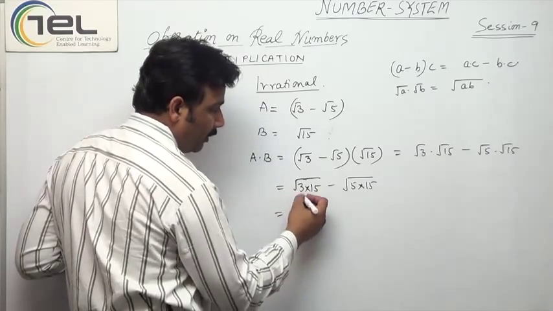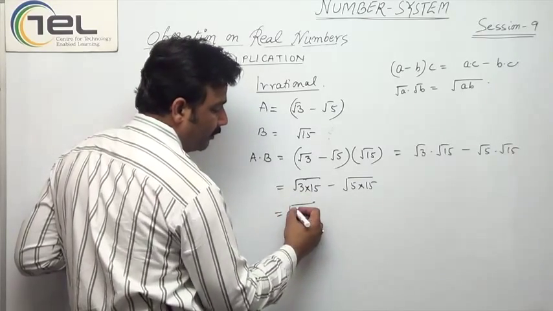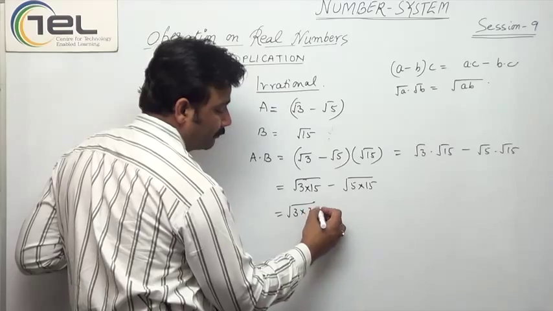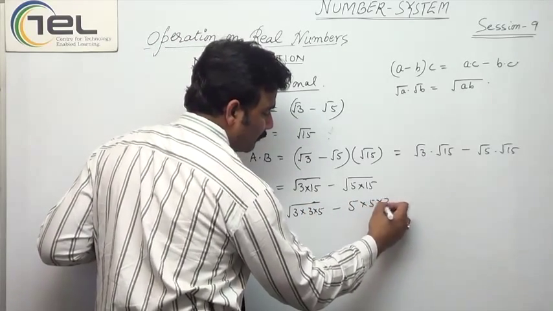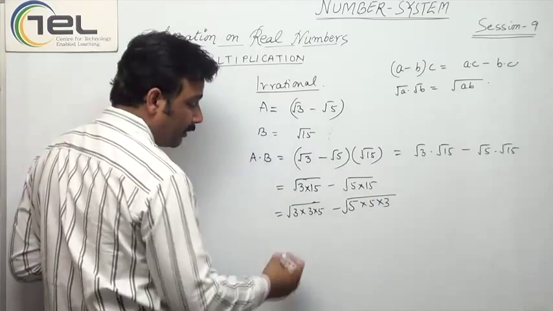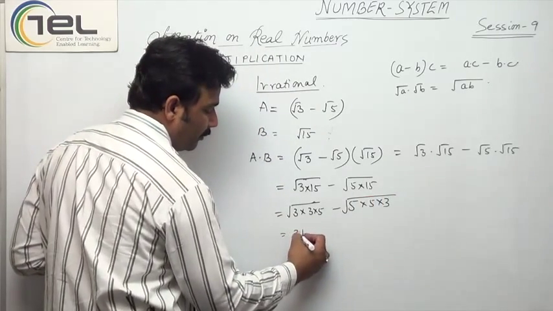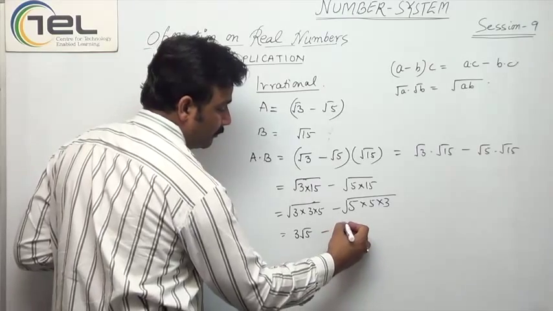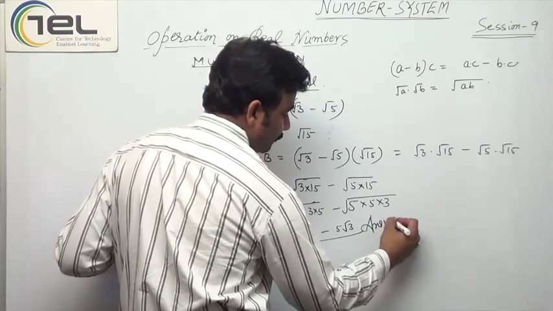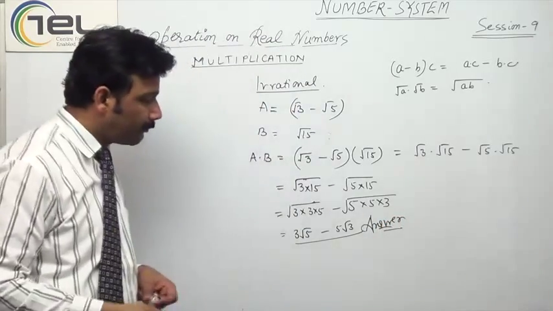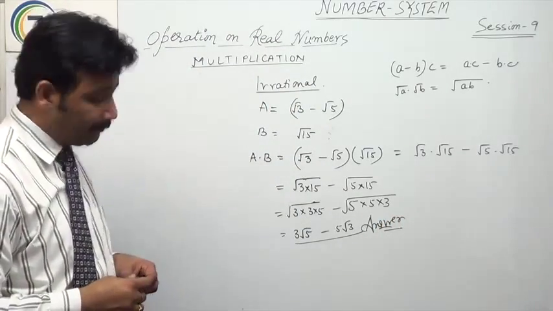So it will make 3 root 5 minus 5 root 3, and this is the perfect answer. This is how I can multiply them.